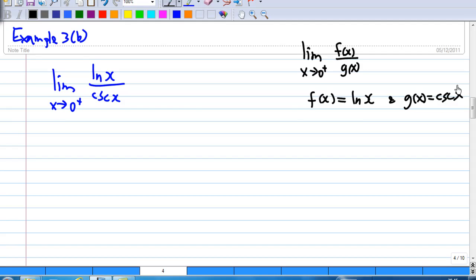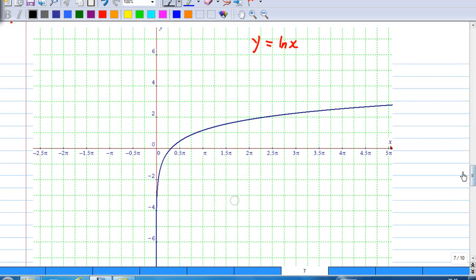Now, we know that the limit as x goes to 0 plus of f of x, which is the limit as x goes to 0 plus of ln x, is negative infinity. Why is this so? If we recall the graph of y equals ln x, it looks like this.